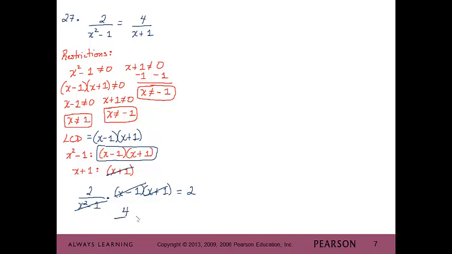And then 4 over x plus 1 times the LCD. This time our x plus 1's cancel out, leaving us with 4 times x minus 1. So our equation becomes 2 equals 4 times x minus 1.